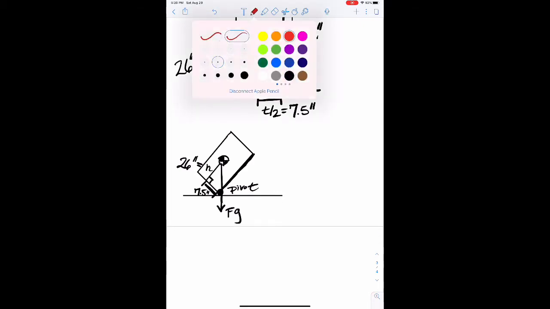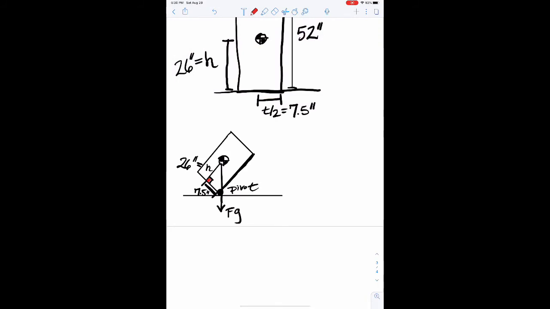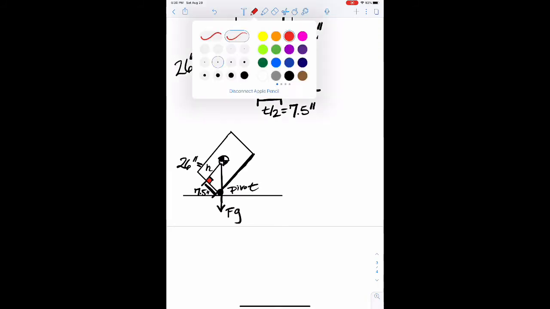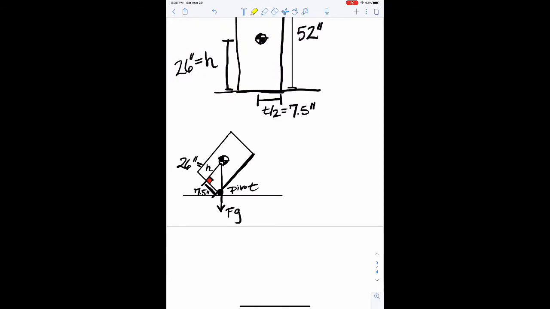Let me try and get some different colors here. So there's 90. Theta critical. It's this angle right here, right? And that is the same as this angle right here, because this is the complement of this unknown angle that I didn't color at all, and so these two yellow angles have to be the same because of how the geometry works out.